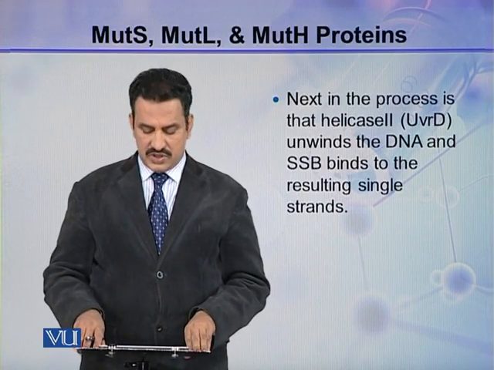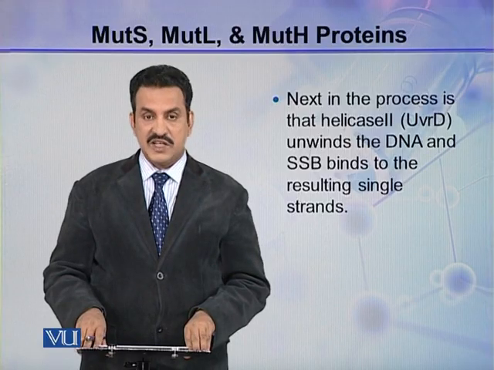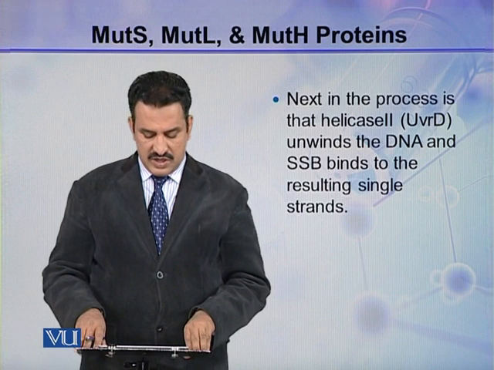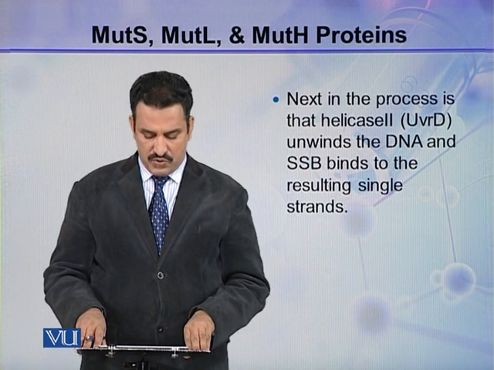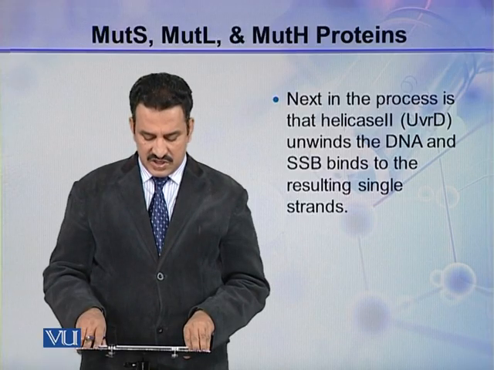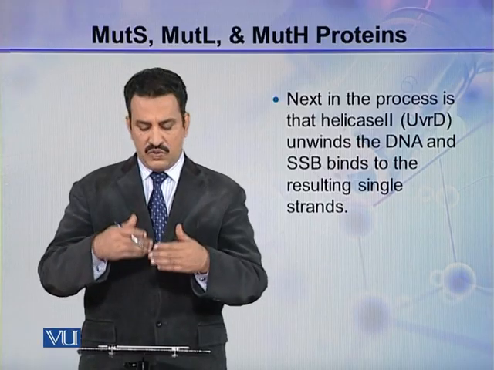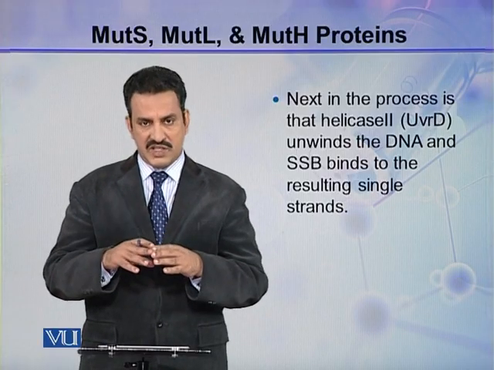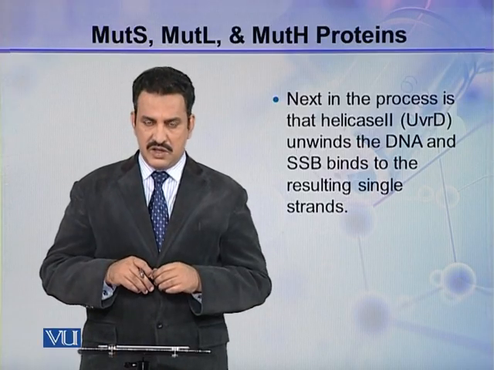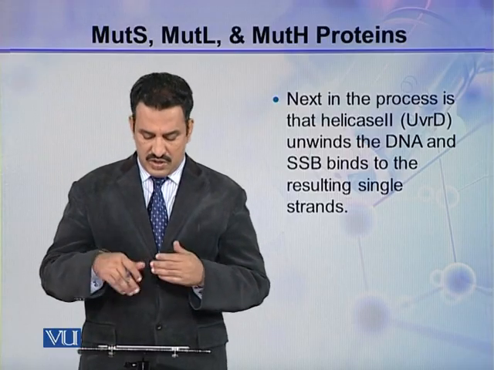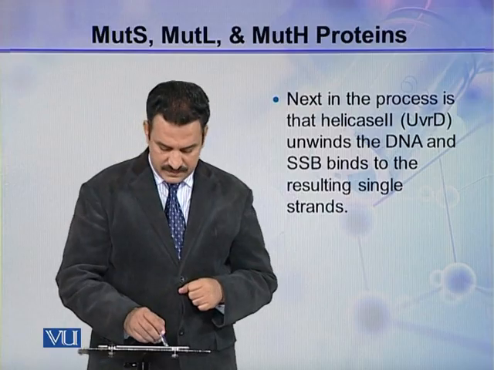Next in the process, helicase 2, which is also called UVRD, unwinds the DNA, and SSB protein binds to the resulting single strands. So next is the unwinding at the mismatch site, so that SSB may bind to the unwound strands.